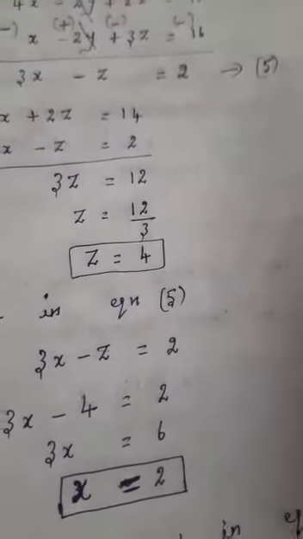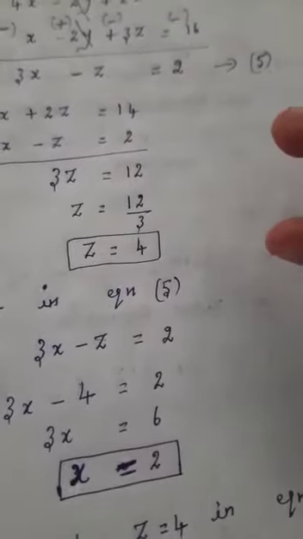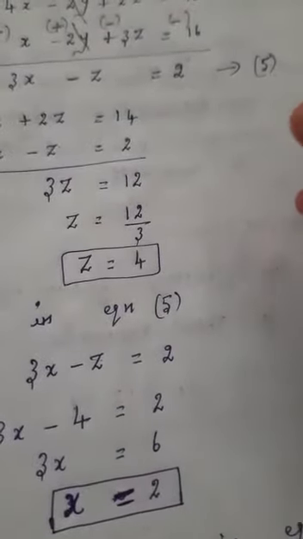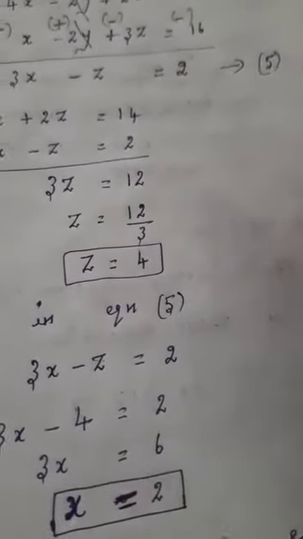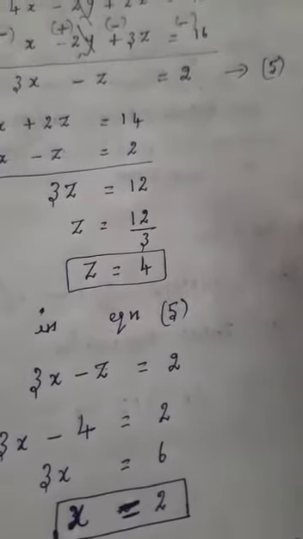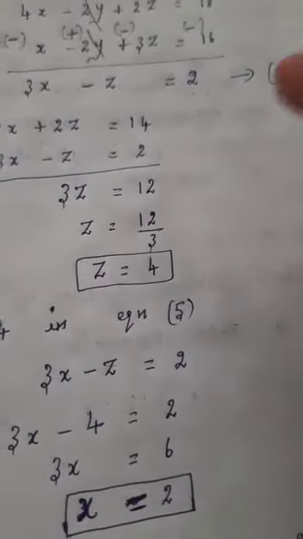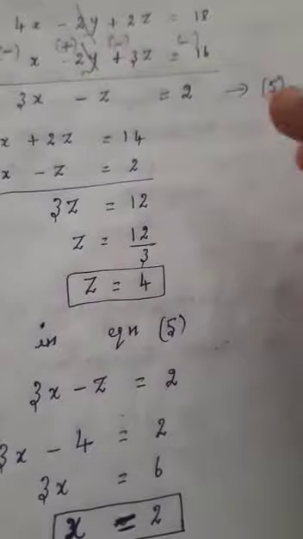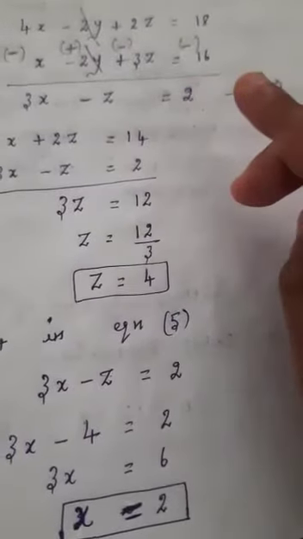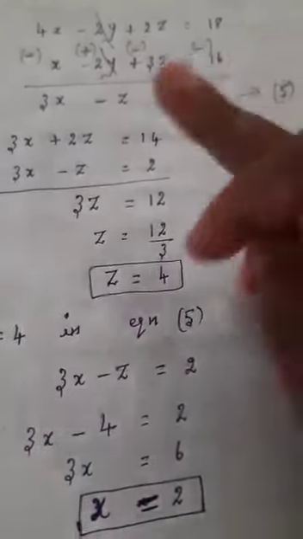So this is also another new equation. First we took one pair, the first and second equation. Next we took another two equations, that is 2 and 3. Both pairs, when solved, gave us two new equations. Now those two equations we are going to solve.